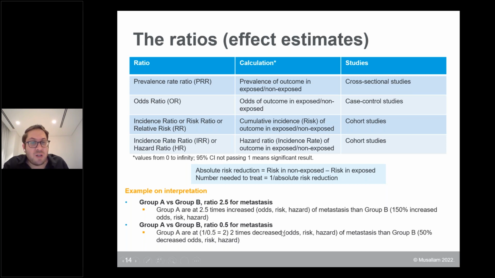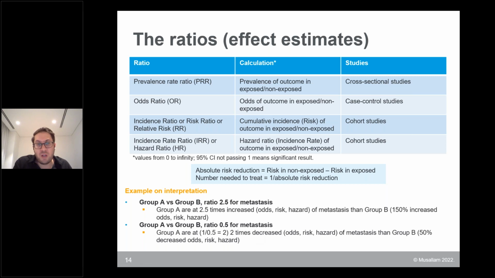But obviously, when it's lower, when we say 0.5, again, this is a ratio. When something is a 0.5, we say group A are at 2 times decreased odds of metastasis than group B. We just divide 1 over the 0.5 to reverse it, and we reverse the increase versus decrease.